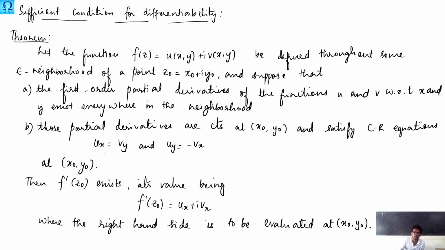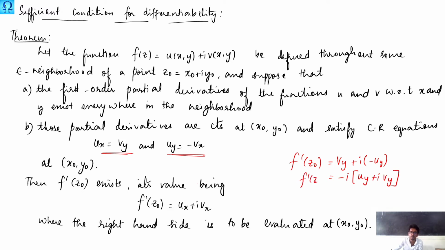Because these CR equations are supposed, you may also write f prime evaluated at z naught as, instead of u x, v y, plus iota times, instead of v x, minus u y. So if you take minus iota outside, then you would have u y, then plus iota times v y. So this may be written this way as well.